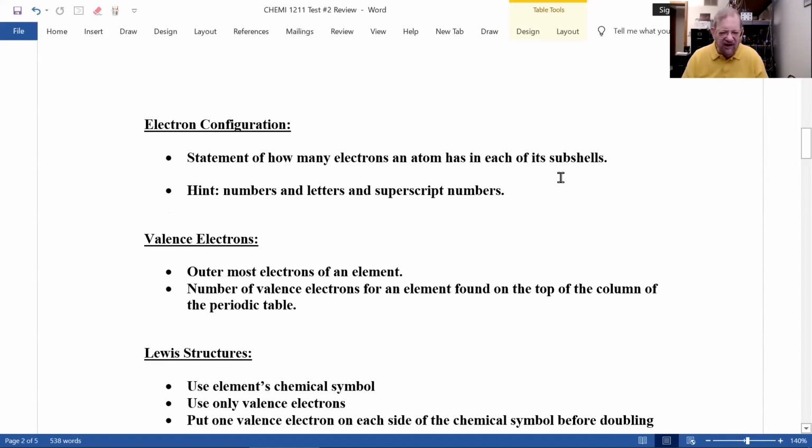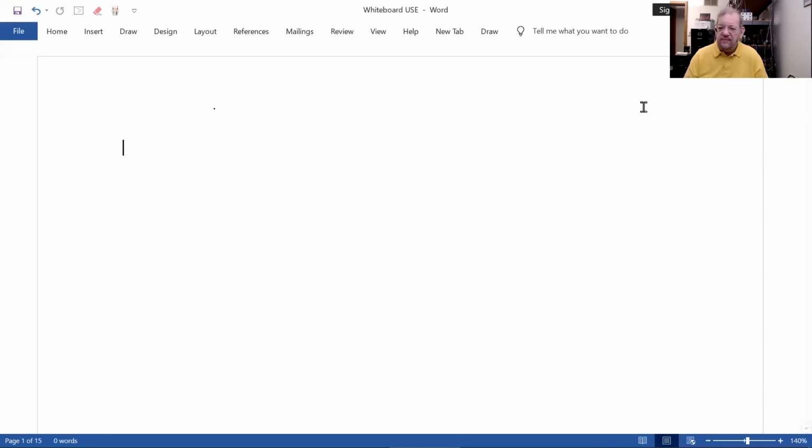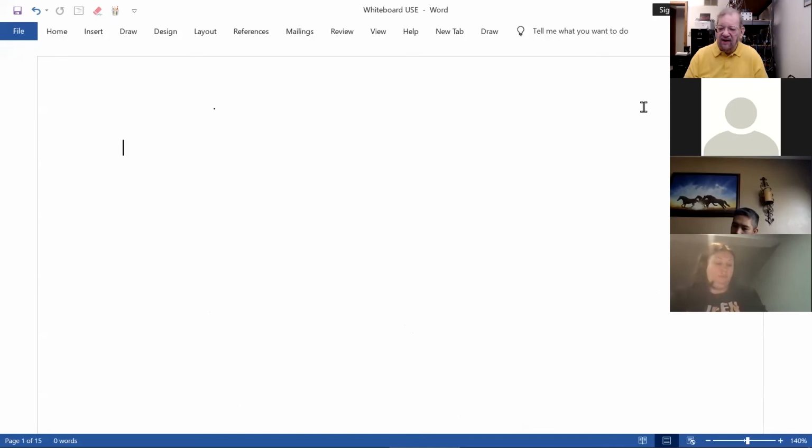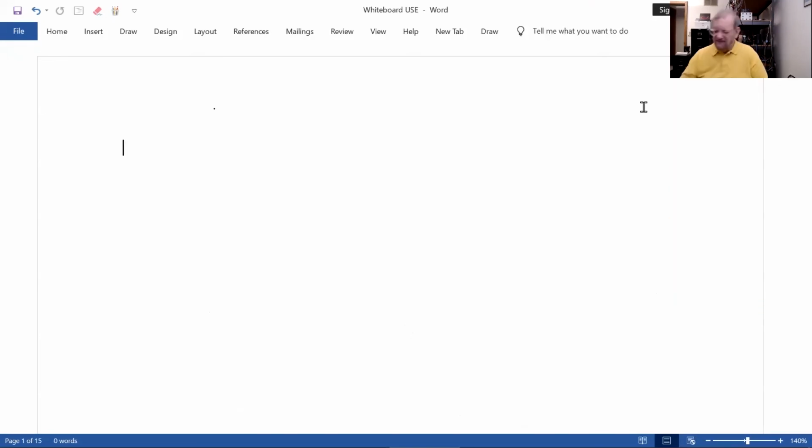And for electron configuration, in number, letters, and superscript numbers. So let's do an example. Everybody see my whiteboard? Yep. All right.